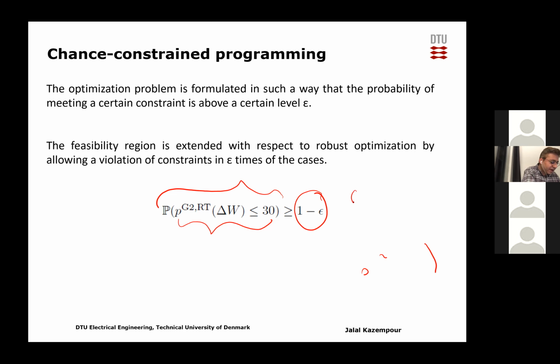For example, if epsilon is 0.01, it means that 99% of the time over the given probability distribution, we want to make sure that this operational constraint will be held. But 1% of the time over the given distribution, this constraint can be violated. So by allowing it to be violated, we reduce the level of conservativeness.